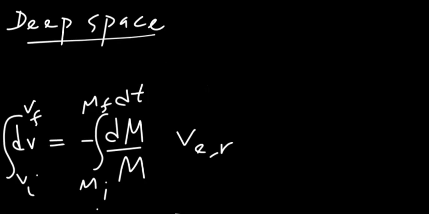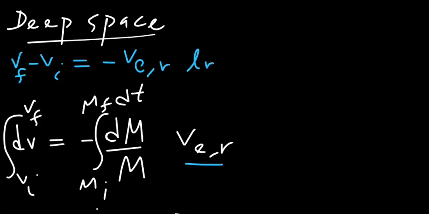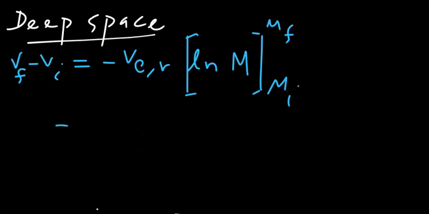So the left-hand side will simply become v_f minus v_i. The right-hand side is minus v_e. This is a constant. You can take that out of the integral sign. And solving the integral, you have natural log of capital M. Remember the lower and upper limits, M_f, M_i.